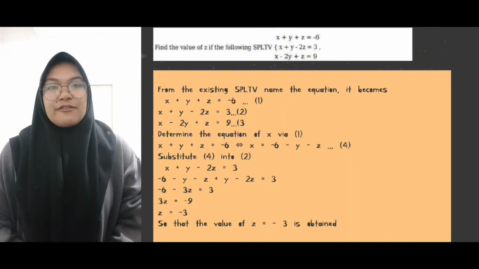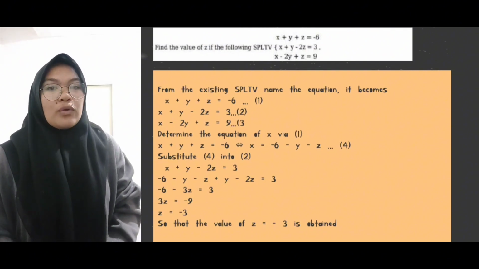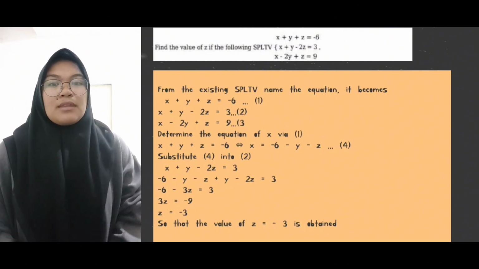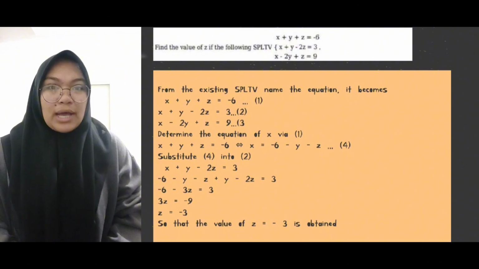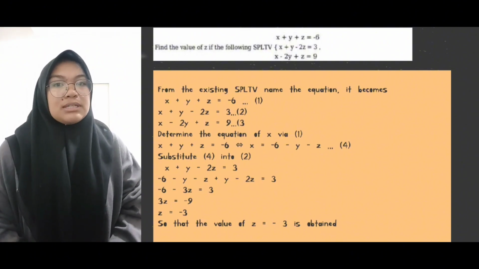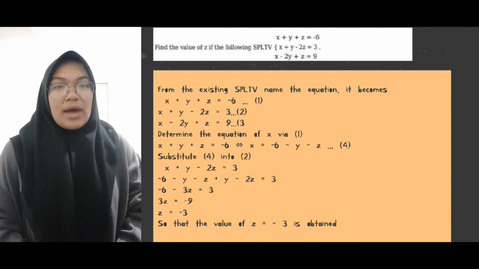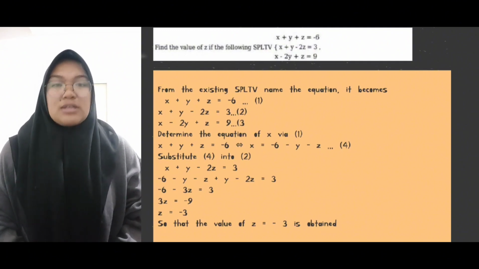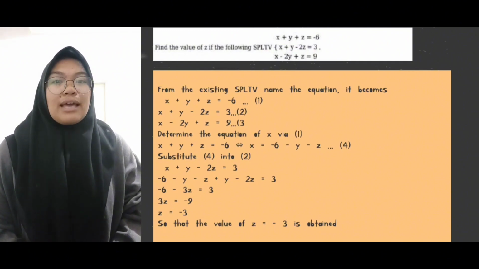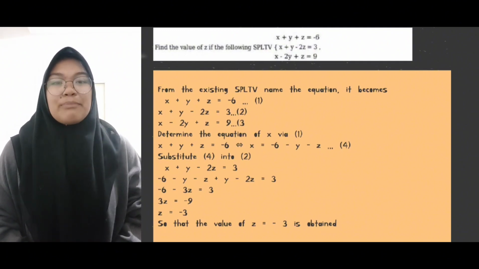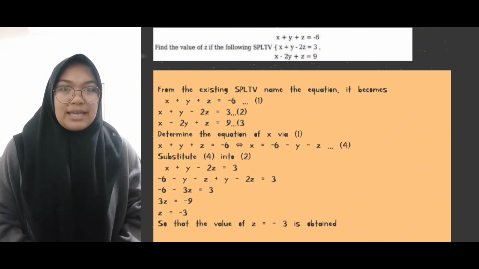Example: find the value of z of the following system. x plus y plus z equals minus 6, x plus y minus 2z equals 3, and x minus 2y plus z equals 9.